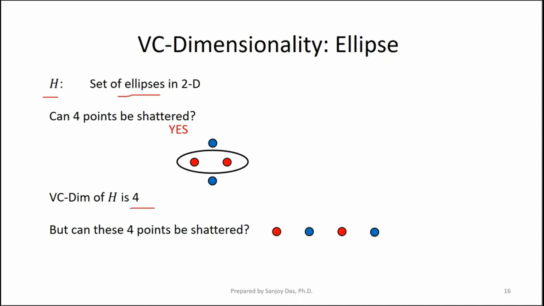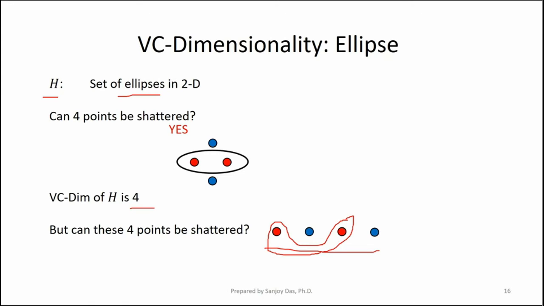Now, can these 4 points be shattered by an ellipse? The answer is no. We obviously cannot shatter these 4 points by an ellipse because they're all in a straight line, and there's no way we can have an ellipse enclose these reds.